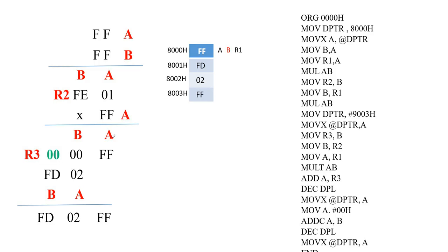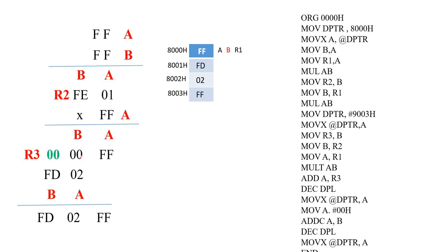Now here, next we have to do the multiplication of FF with FE. Okay, so here A is in FE. Sorry, FF is in the accumulator. One of the operands is in the accumulator, but B is having 00 now.